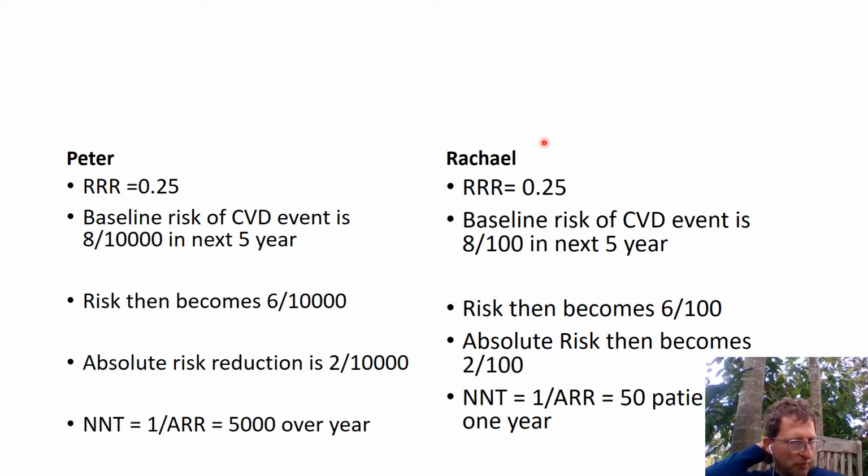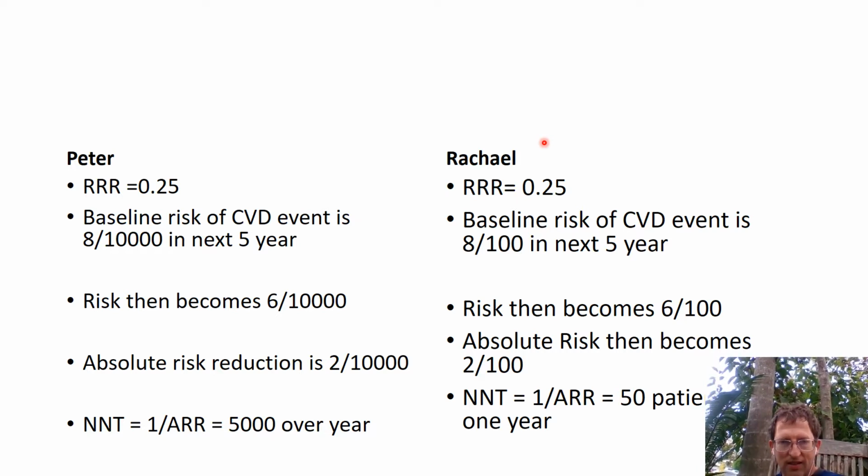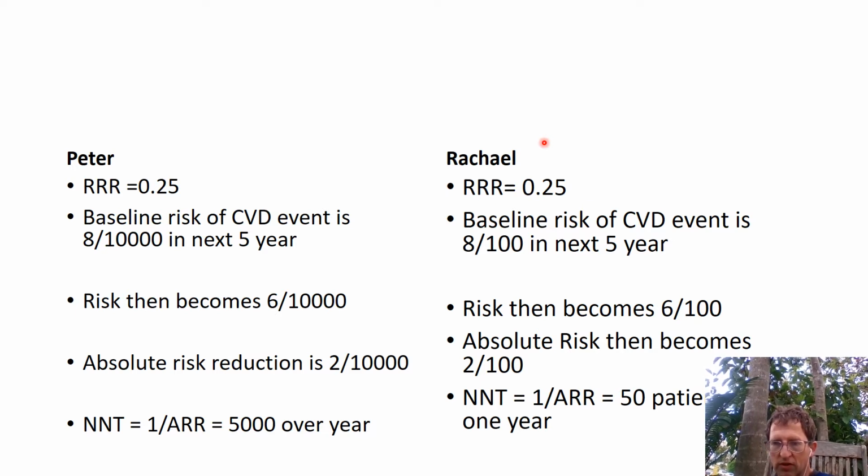Well, if Peter's baseline risk of an event is 8 in 10,000, well, a relative risk reduction of 25% for him means that his risk now becomes 6 in 10,000. So in absolute terms, he's had a 2 in 10,000 absolute risk reduction. And then all we need to do is go 1 divided by that absolute risk reduction to get the number needed to treat. So I've got to treat 5,000 Peters to prevent 1 stroke over a 5-year period.